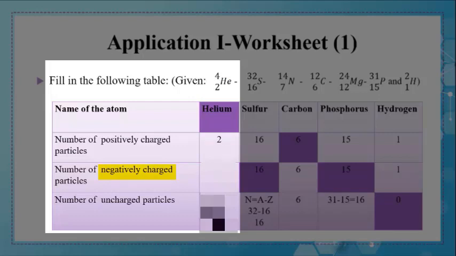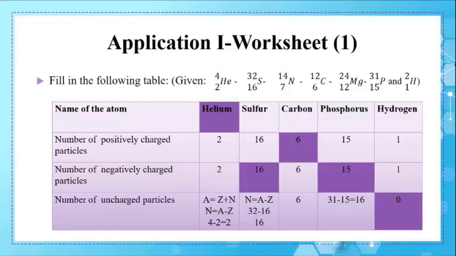So the number of electrons is equal to the number of protons, equal to 2 in a neutral helium atom. Number of uncharged particles: these are the neutrons. You know previously that A equals Z plus N, so N equals A minus Z. Here A is equal to 4 because it's the number written on the upper left side of helium. So 4 minus 2 equals 2.